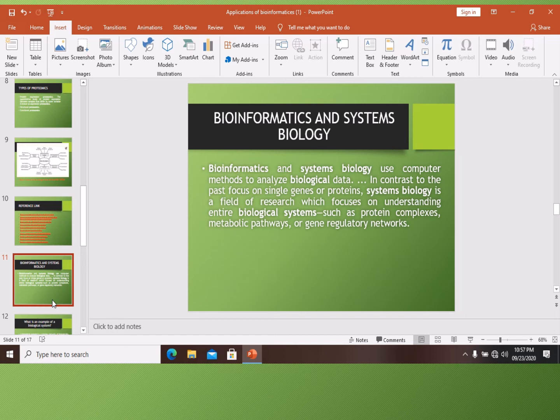The existing system information is stored in computers, and with the existing system we can create a disease prevention method in a proposed system also, or a drug discovery method in a proposed system also. So these are the two uses of bioinformatics and systems biology.